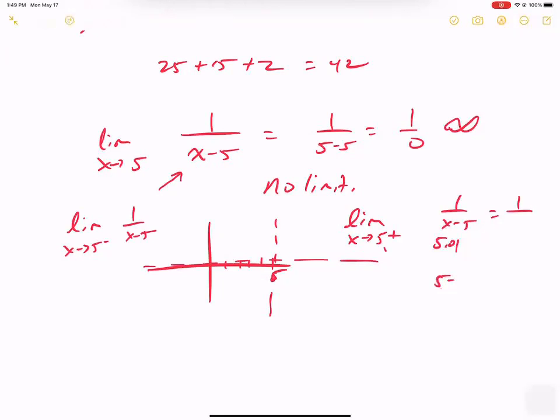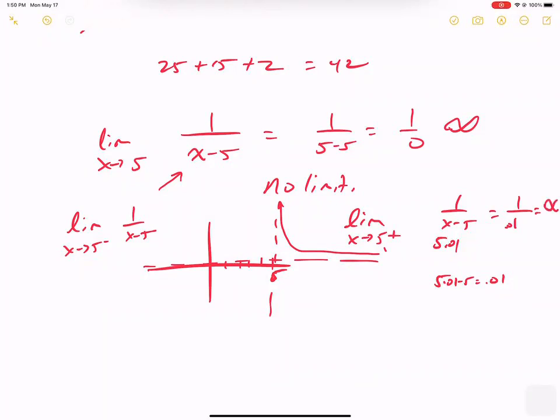Sorry. 5.01 minus 5 is 0.01, right? $5.01 minus $5 is just 1 penny. What is 1 divided by 1 penny? Isn't that a big number? Big positive or negative number, please. Big positive number. So we know on the right side, this graph is going to go from 0 and shoot off to infinity. The answer here is infinity for us, okay?